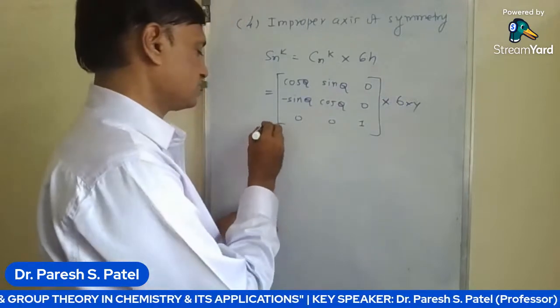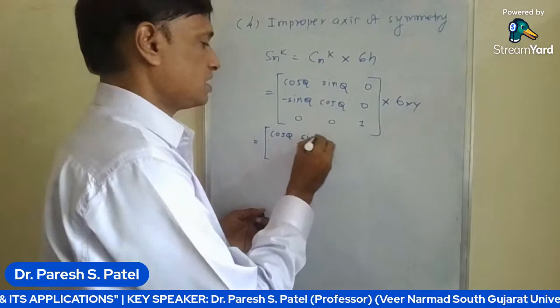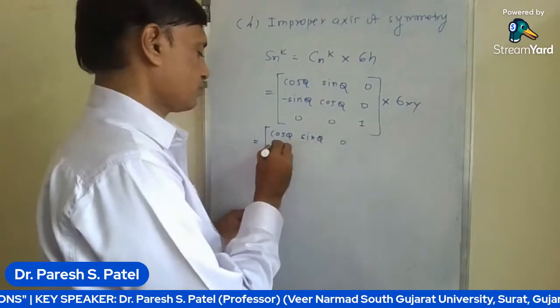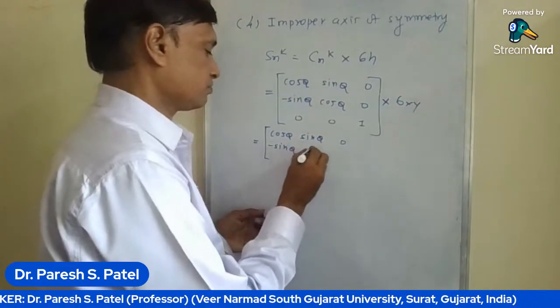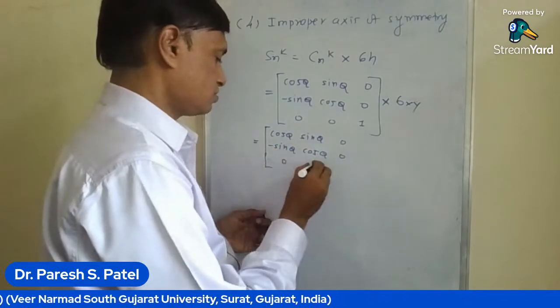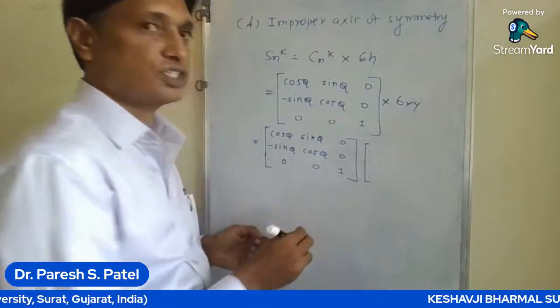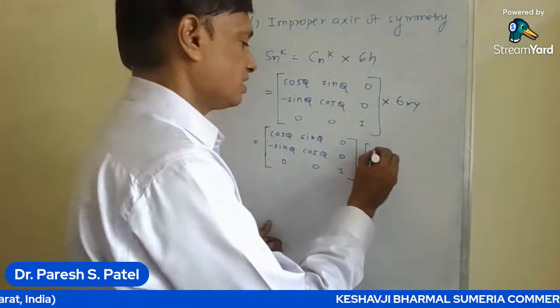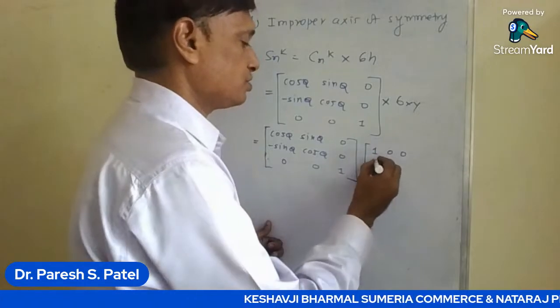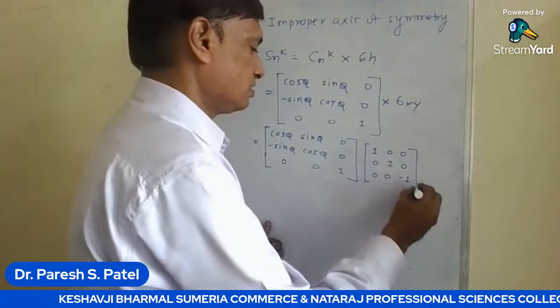The rotation can be represented as cos theta, sin theta, 0, minus sin theta, cos theta, 0, 0, 0, 1, and the matrix representation for sigma xy is 1, 0, 0, 0, 1, 0, 0, 0, minus 1.